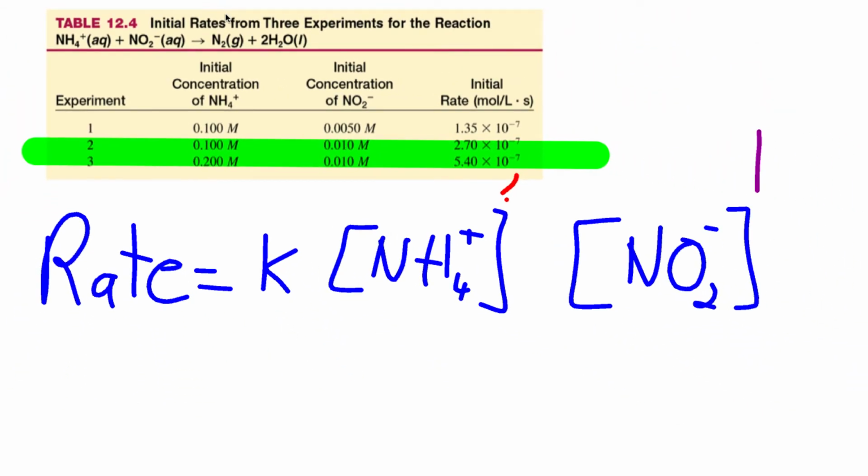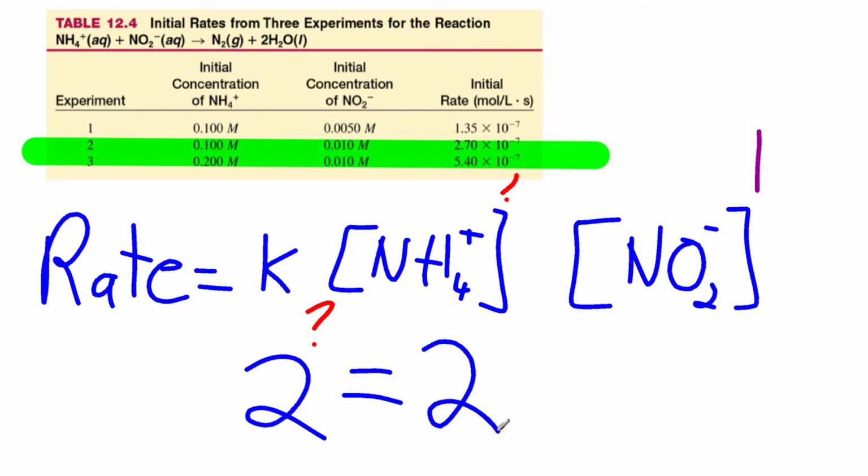When the amount of NH4 doubles, 2 raised to some power we don't know, let's see what happened to the rate. If you look over on the right-hand side, it went from 2.7 to 5.4. That means the rate doubled. So 2 to what power is equal to 2? Well, 2 to the power of 1. So our exponent here is 1.